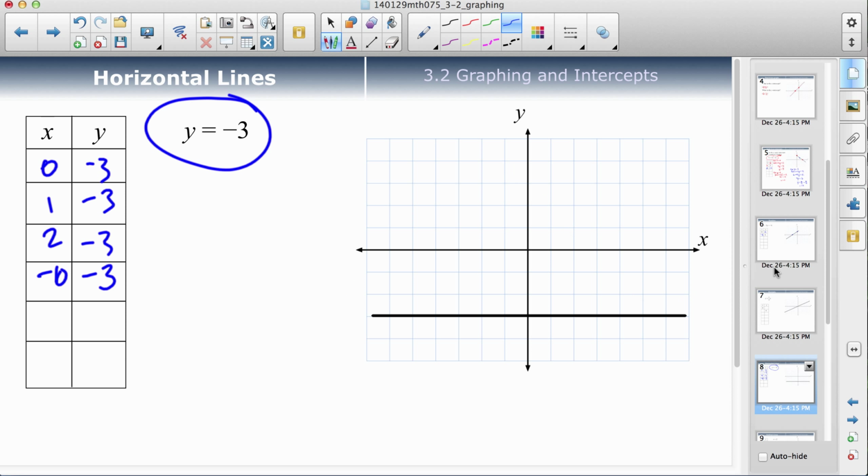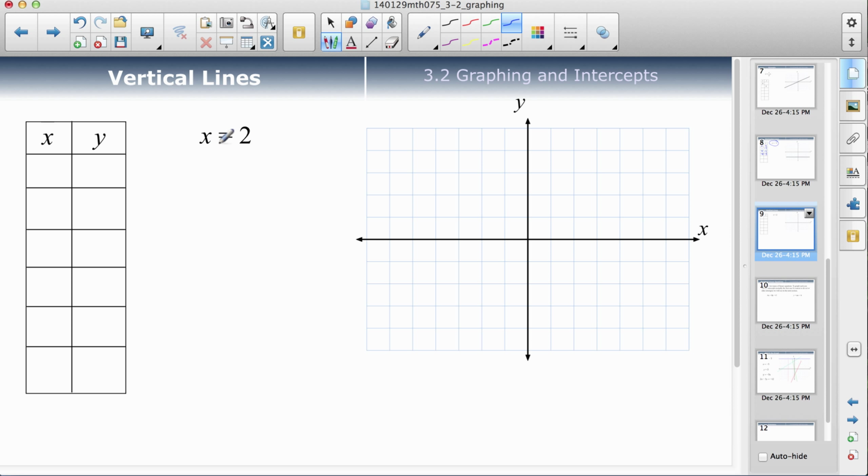Now, similarly, if you look at a vertical line, same thing applies. If this says x is equal to 2, so x is equal to 2 over here. So it doesn't matter what y is, x is always 2. So here's another point, there's another point, and any point along that vertical line would be on that particular equation of the line.